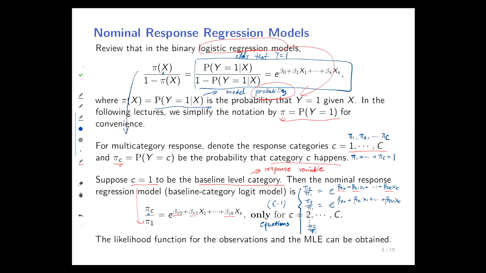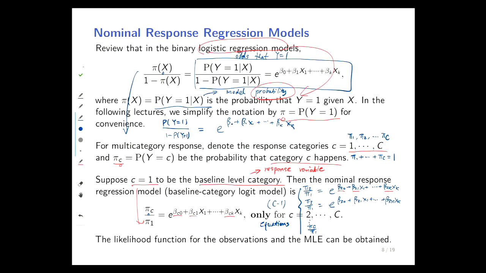You can write this binary model here. The probability of y equals 1 divided by 1 minus probability y equals 1 equals the exponential of beta 0 plus beta 1 x1 plus, and we still have the variables in the middle, beta k xk.